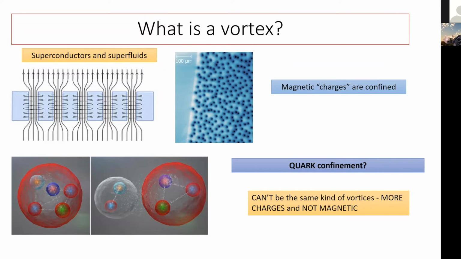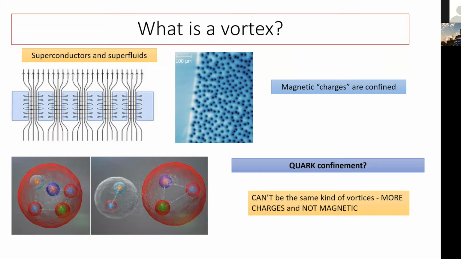So first of all, what is a vortex? A vortex is, in general, a solitonic solution of some differential equation of some system. They are important in various aspects of physics and science in general. The topic I am most interested in is vortices in relation to quark confinement. As I'm sure you know, we still have no real idea why quarks confine. We have no understanding of the detailed physics of quark confinement.